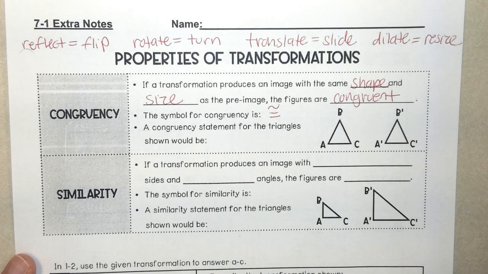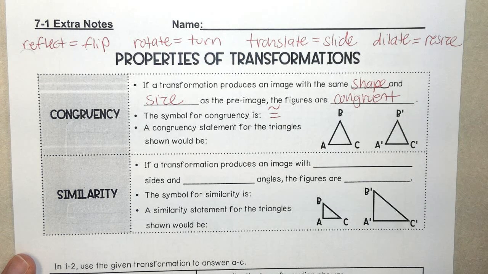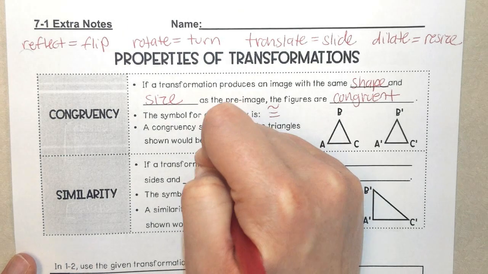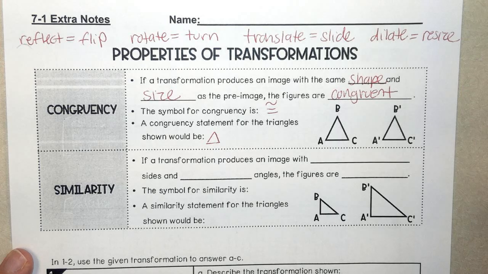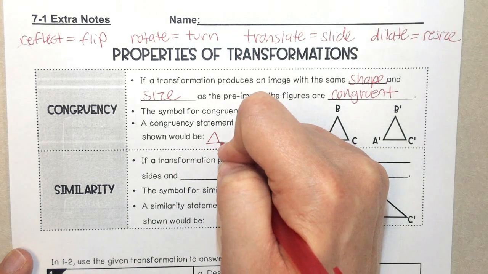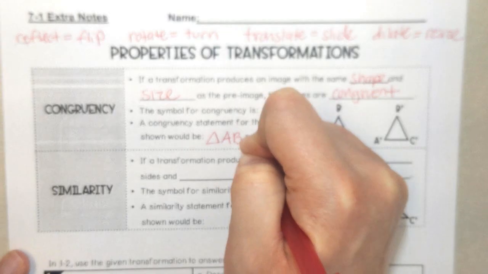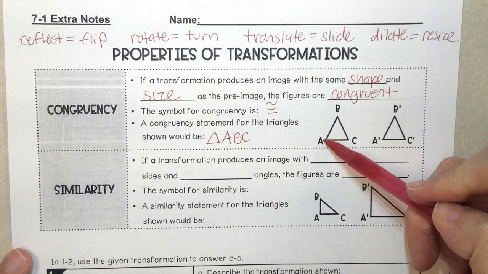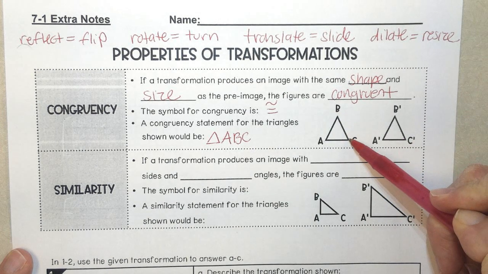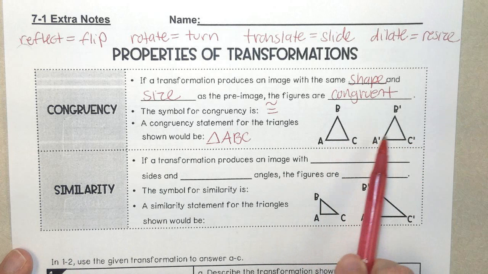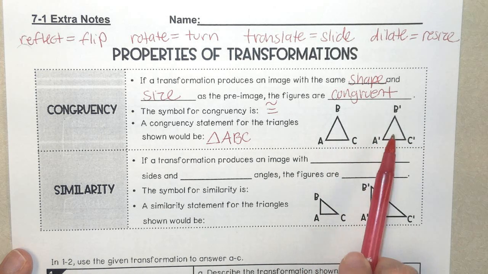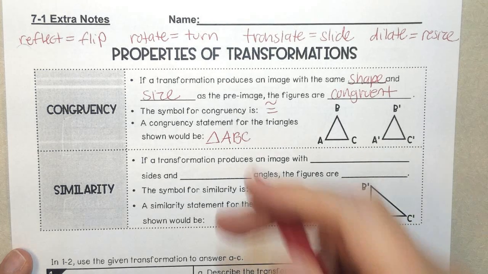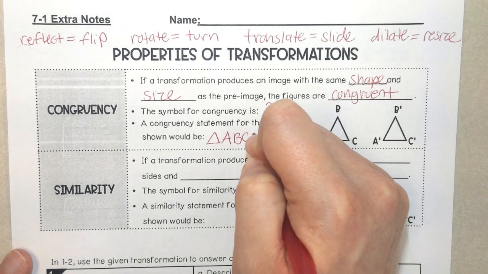And it says a congruency statement for the triangles shown would be, well, if triangle, we use the symbol to name it, and if I call it triangle ABC, that's this one, and if you look at these two, are they the exact same shape? Are they the exact same size? So they are congruent, so I'm going to put the congruent symbol.